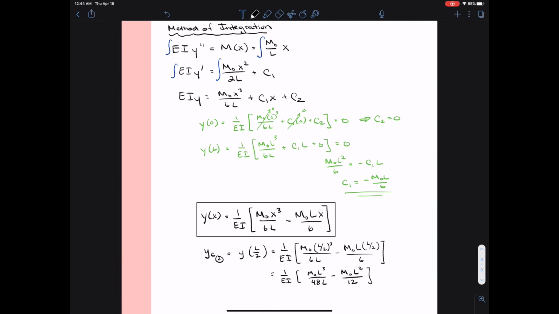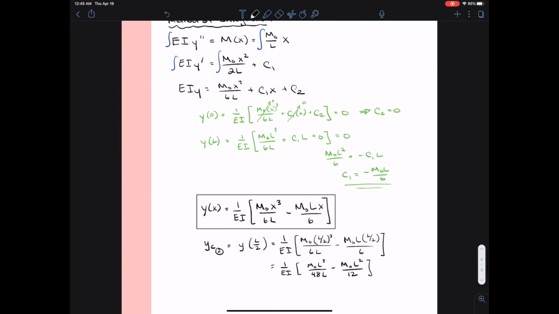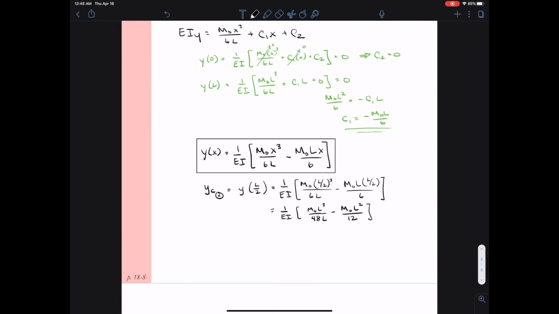So my L cubed and L in my first term will cancel, so that will leave me with M0 L squared. 1/48 M0 L squared minus 1/12, so 1/48 minus 1/12 is going to give us negative 3 M0 L squared over 48. And don't forget the EI from outside the brackets. So now we have a formula for the deflection at midspan for case 2.